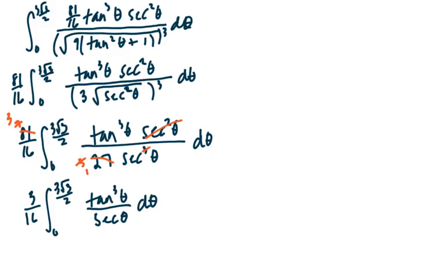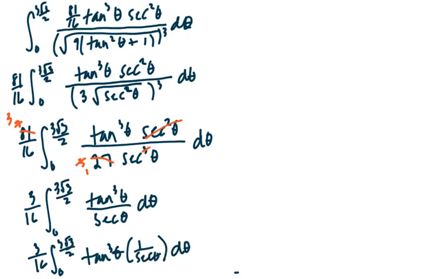There's not another secant in that problem, so that's not helpful. Let's picture this as 3 over 16, this 0 to 3 square root of 3 over 2. And we're going to have tangent to the third theta times 1 over secant theta, d theta. All we did is change the way it looks, because that reciprocal function is going to help me.